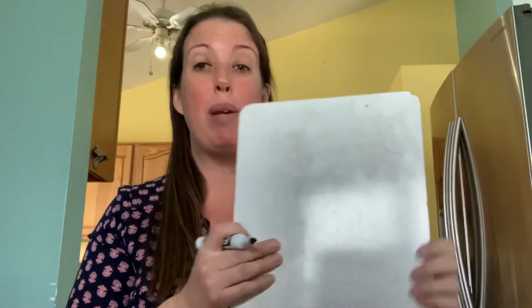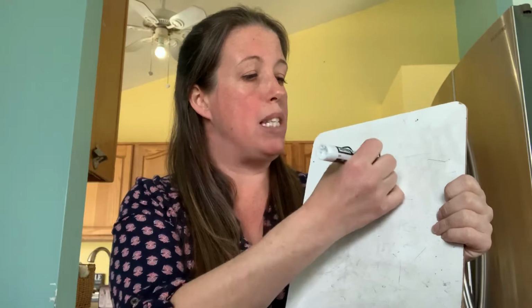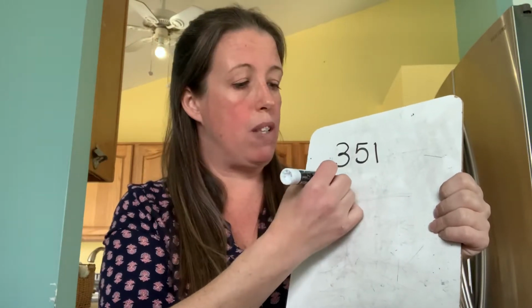So we are going to use the equation 351 minus 239. And the first way we're going to subtract these numbers is using the traditional method, which is also referred to as standard. So to start, I'm going to pay very close attention and make sure that I line up my digits in the correct place values.